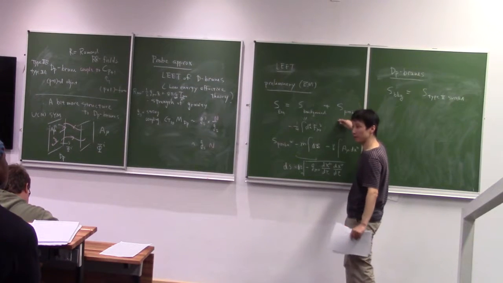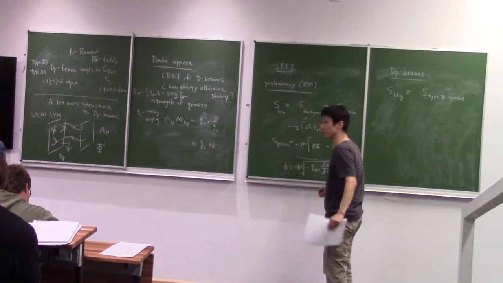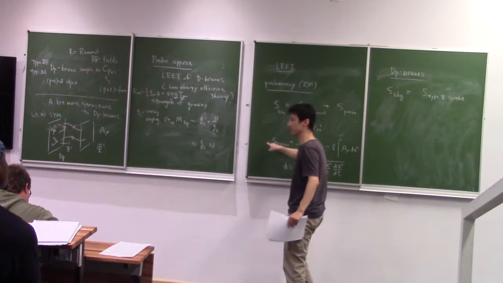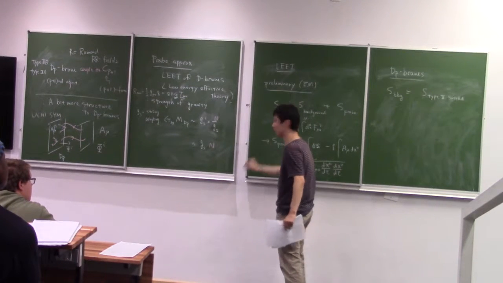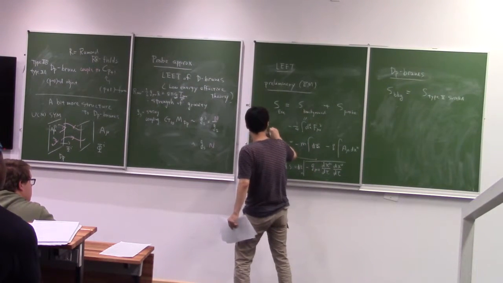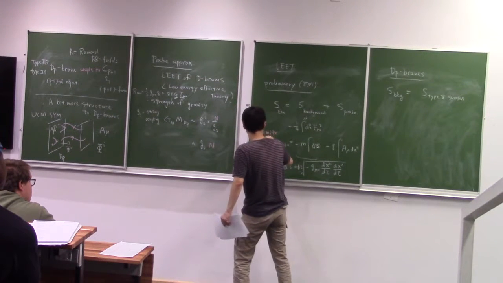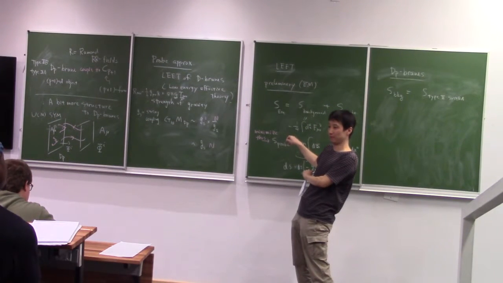In the probe approximation, the action you analyze is this one, and you minimize this action. That's all you do in the probe approximation.